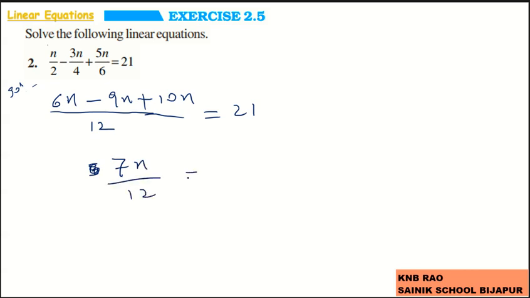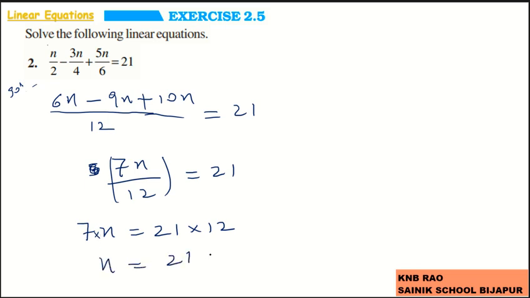Now 6n minus 9n plus 10n, on simplification I will get 7n upon 12 equals 21. So now you observe it is like a whole fraction where the denominator is 12 and the numerator is 7n. This I can send now. 7n equals 21 into 12, and 7 is what is multiplying here. If it is also sent, 21 into 12 upon 7.